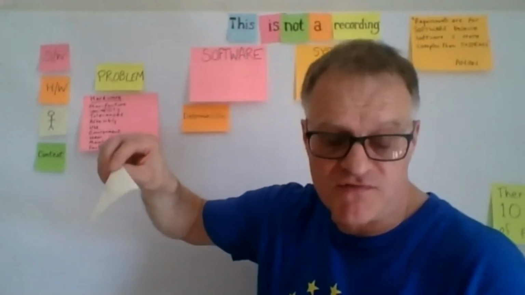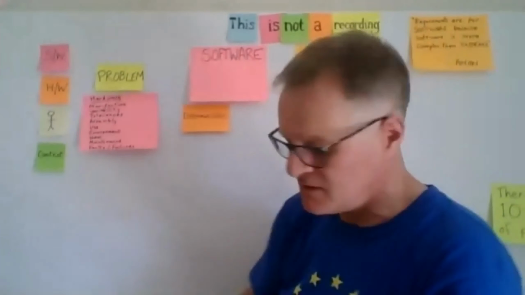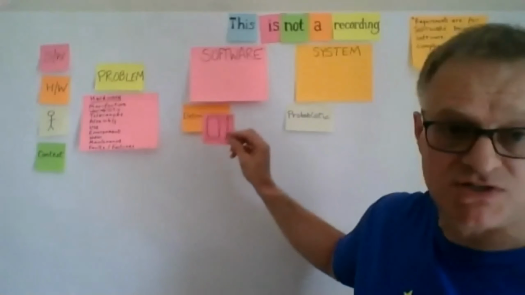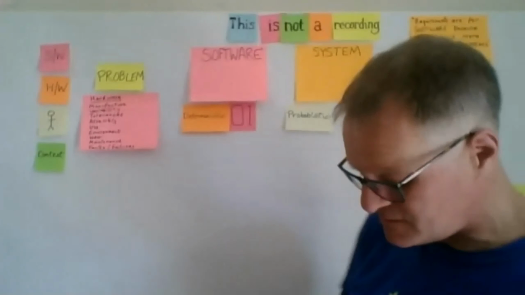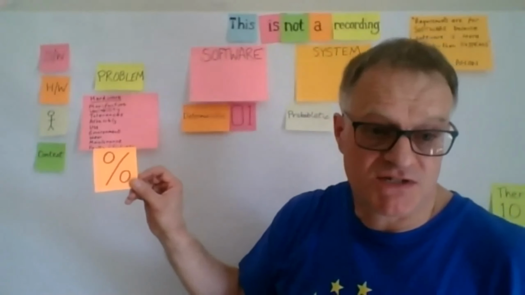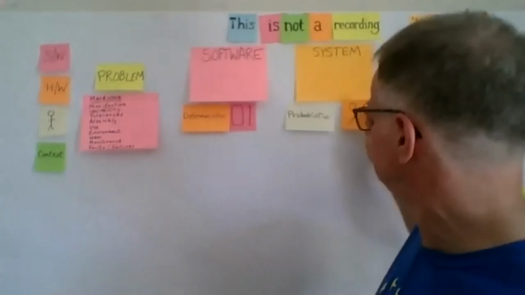You have a level of confidence that certain things happen. You can't be certain. So software is kind of logical. It's about zeros and ones. Systems are more about percentages. How likely is it that certain things happen? With what level of confidence?